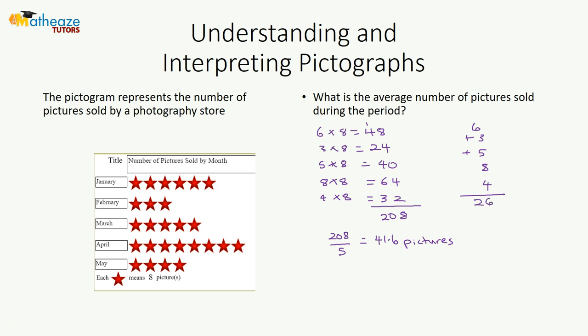So we can divide that by 5. 26 divided by 5 is going to give you 5.2. So we're going to have an average of 5.2 stars over that period, and then we multiply by 8, which is going to give us 41.6 pictures. So either way, you get the same result.